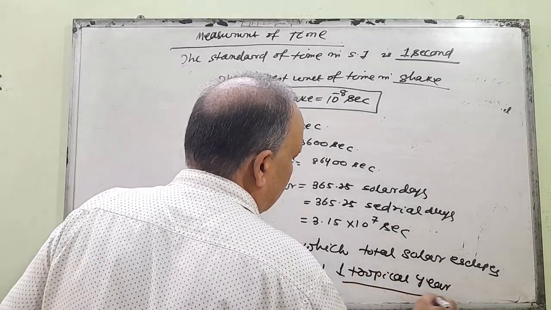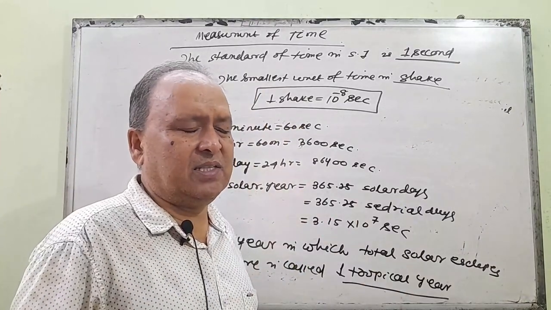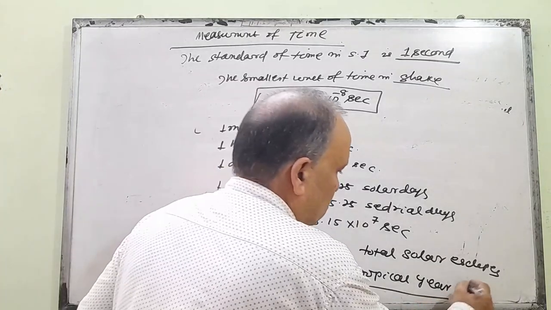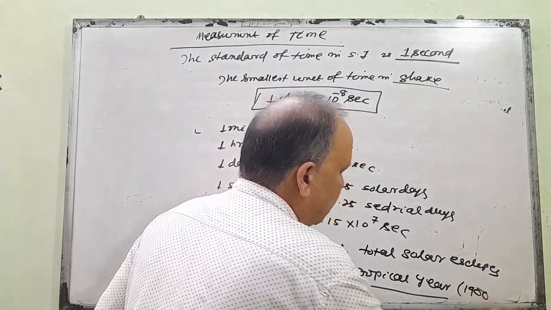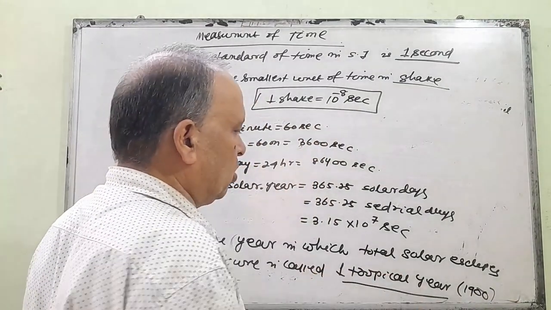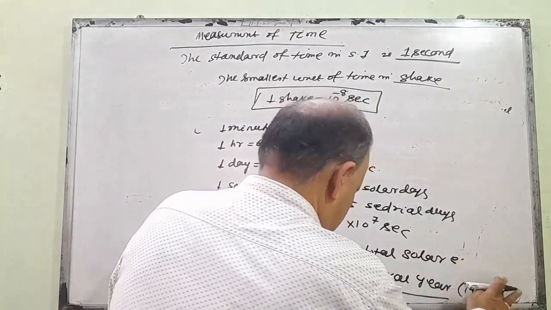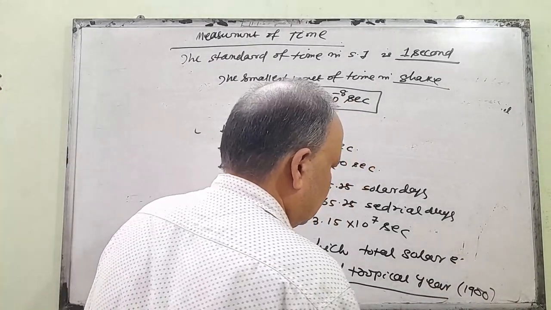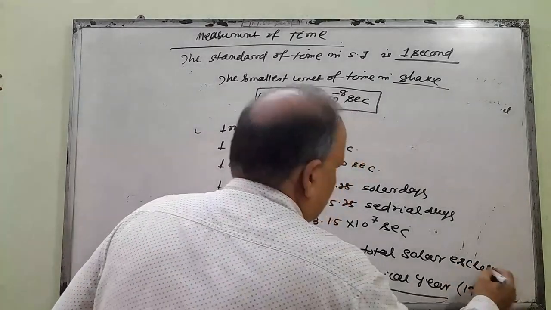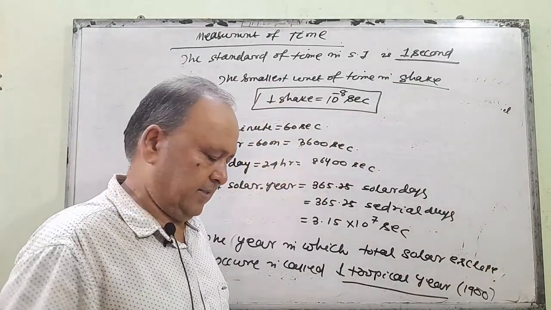What do you mean by 1 tropical year? The year in which a total solar eclipse occurs, that means in the day we find darkness, and that is 1900. It is 1 tropical year, the year in which there is a total solar eclipse. Total solar eclipse means in the day you find darkness.